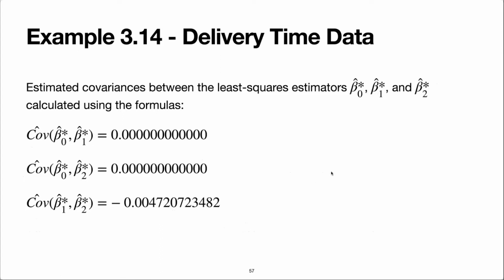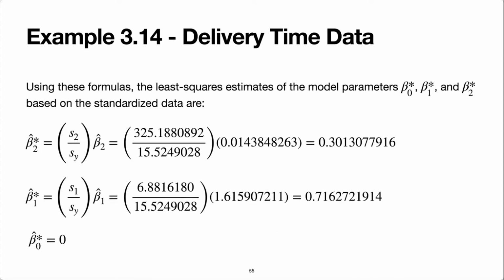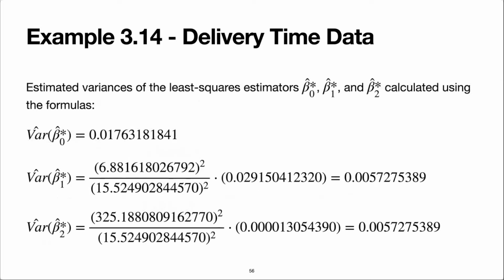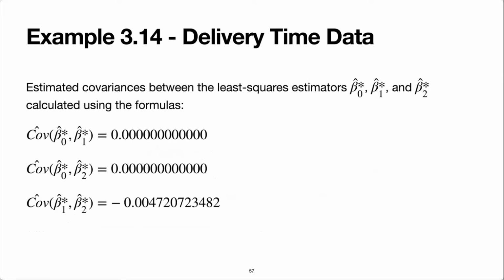So those are the values for the least squares estimators themselves of beta 0 star, beta 1 star, and beta 2 star, the estimated variances of those least squares estimators, and the estimated covariances between pairs of those least squares estimators, again, calculated without actually having to standardize the data and refit the model.